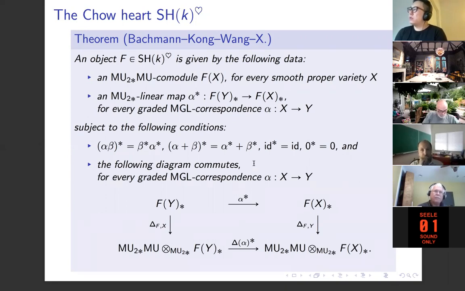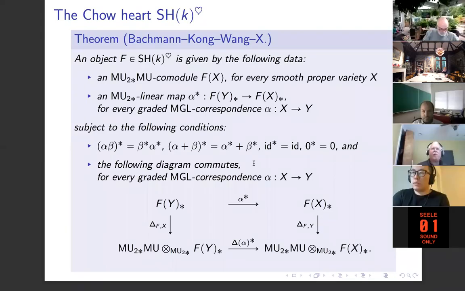And then on that you have this presheaf of comodules, MGL_{2*}, MU_{2*} comodules. So presheaves of MU_{2*} comodules on that category. Okay, so that's essentially what you've got there. Great, that was my question. I just wanted to clarify.